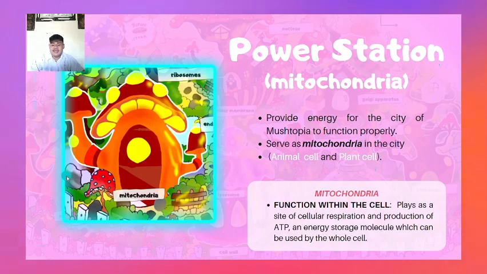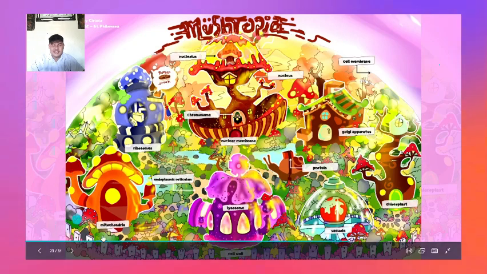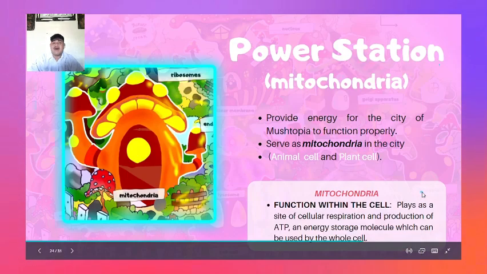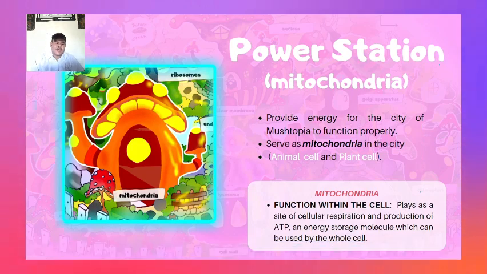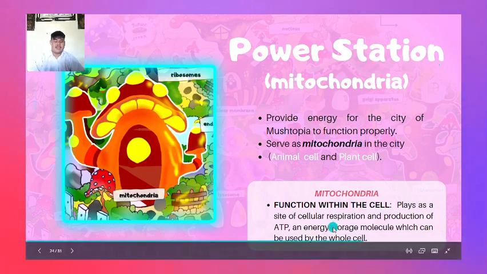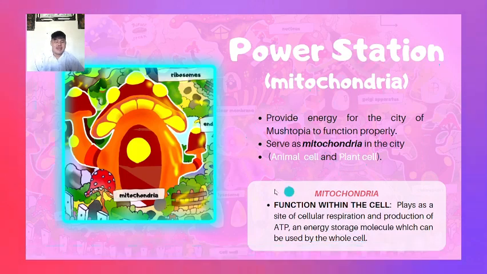The next one is the power station. This is the power station. The power station provides energy for the entire city of Mushtopia in order to function properly. So it serves as a mitochondria in the city, and it can be seen in the animal cell and plant cell.